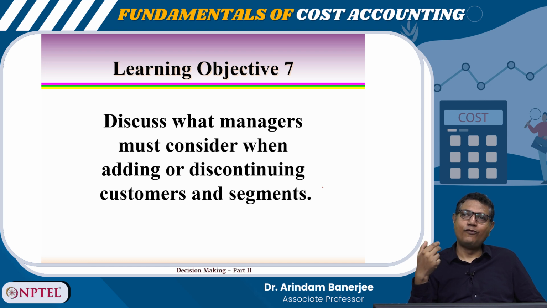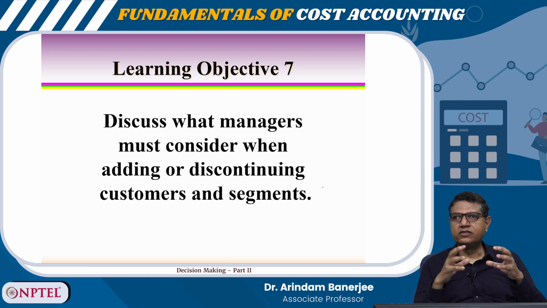So, I am getting a 1 rupee margin, right? So, should I accept this offer? Of course, we should accept, because my relevant cost is lower than my incremental revenue. So, this is the basic concept.